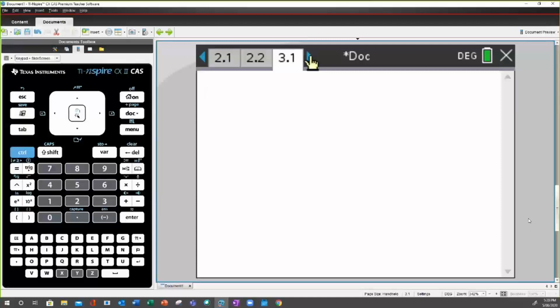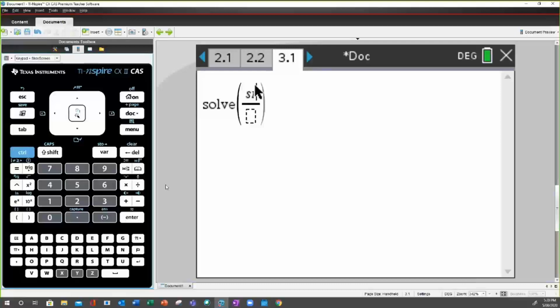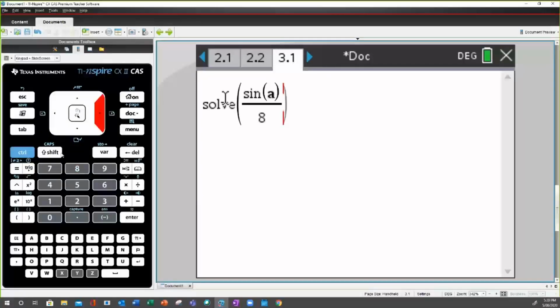So I'm going to use solve, and I'm going to set up my sine rule, which is sine of A, which is the one we're looking for. Sine of A, and if you remember, if we go back to our diagram, that was across from the side length of 8, and I'm going to put in a fraction template here.